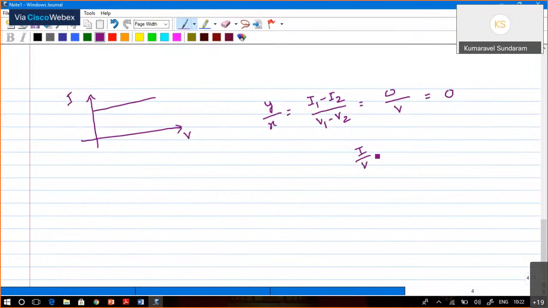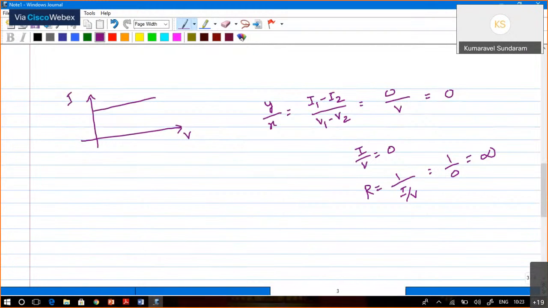So I by V is 0. If you represent it as a resistance, R is equal to V by I, which is 1 by 0, infinite. So the current source is going to offer a high impedance. That's why the current source is left open.